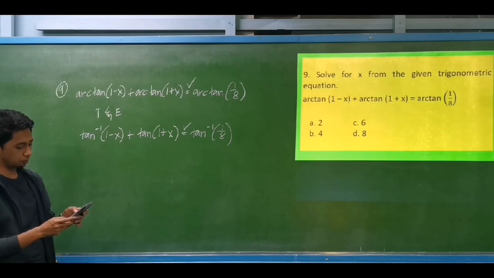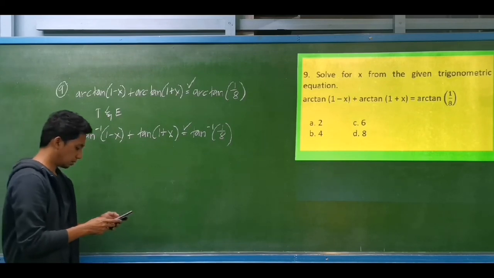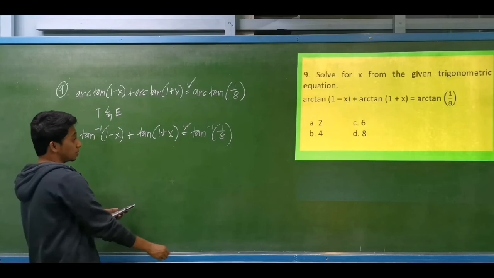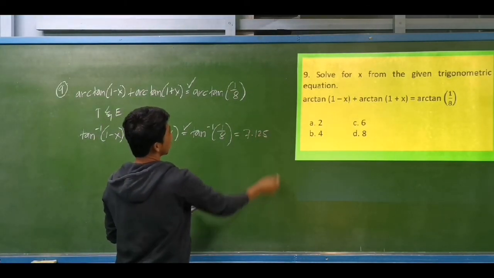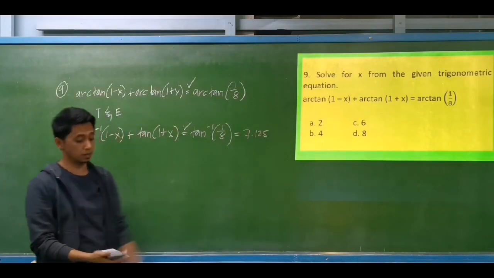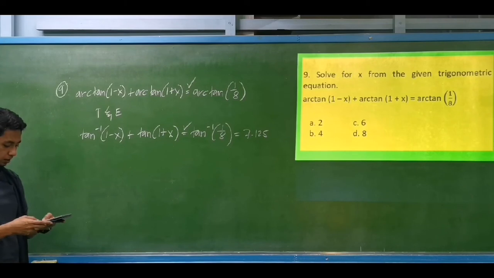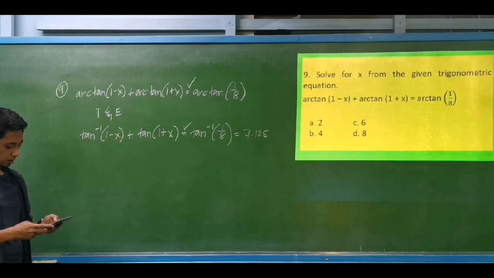What is the equivalent of shift tangent of 1/8? That's what we get first. The shift tangent of 1/8 is equivalent to 7.125. So you have to use A, B, C, or D. Shift tangent of 1 minus x plus shift tangent of 1 plus x, then calc.